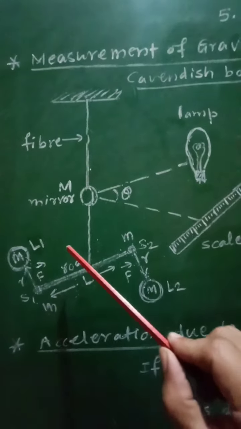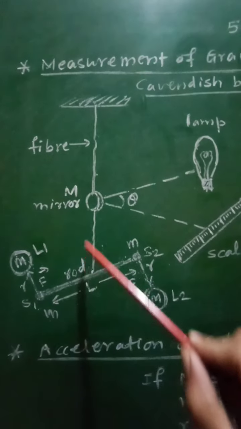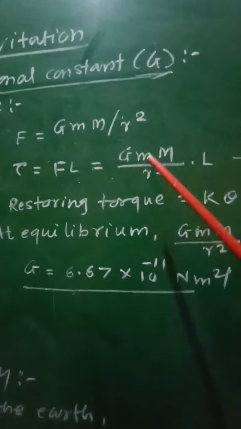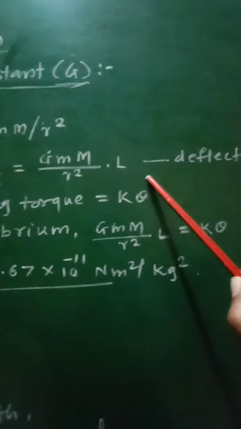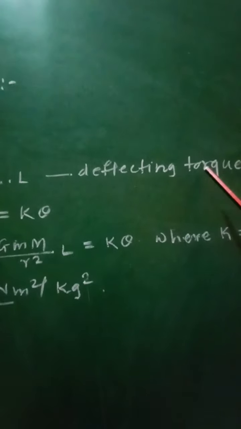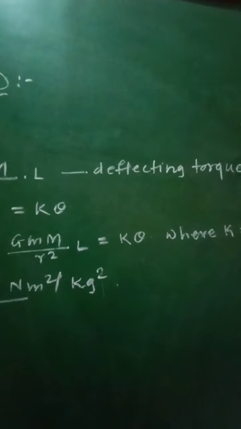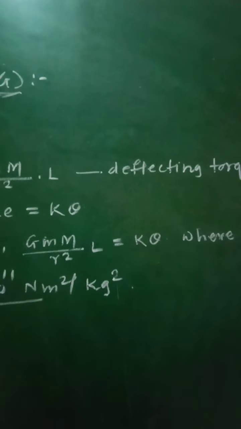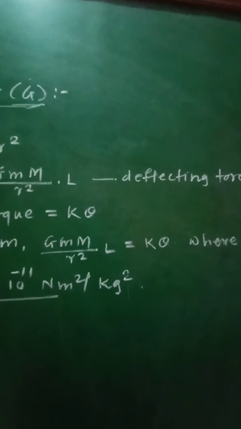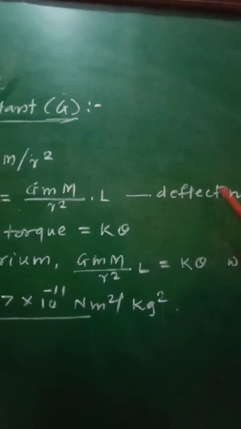Now this torque acting on this rod will turn this rod so that this fiber will get twisted. This torque T is equal to FL, that is GMm by r square into L, and it gives rise to the deflecting torque. Due to this deflecting torque, there will be twisting of this suspension fiber, and therefore the restoring torque will be supplied by that fiber in order to oppose the deflecting torque.